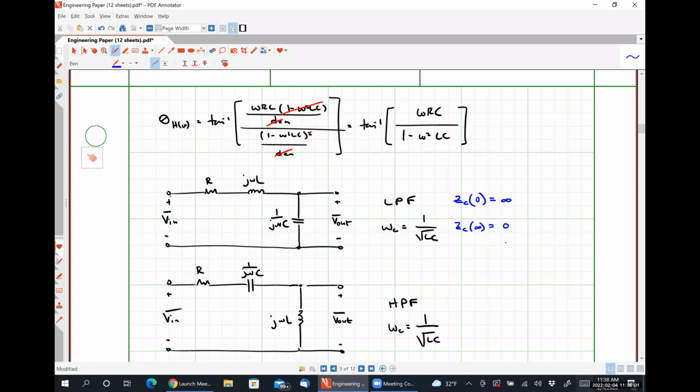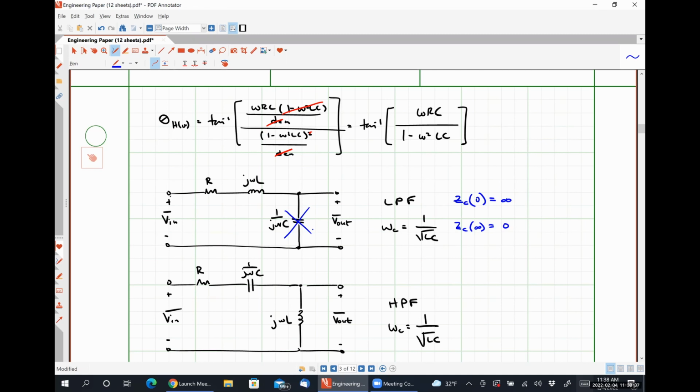So at very high frequencies, our capacitor attenuates all of the input signal because the output is forced to be 0 volts. At very low frequencies, where this guy just looks like an open circuit, V out is exactly equal to V in. So that's why we have a low pass filter response. At low frequencies, all of our input signal makes it to the output. At very high frequencies, none of our input signal makes it to the output.